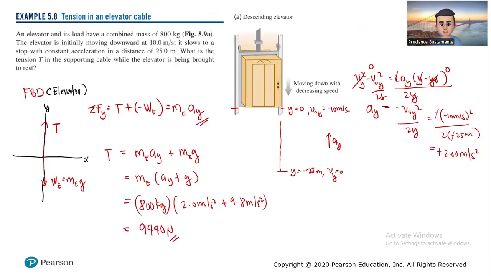So that is the Newton's second law of motion type of problem. Most of the time it involves motion with constant acceleration, the kinematic equations. So you'd better study this one.